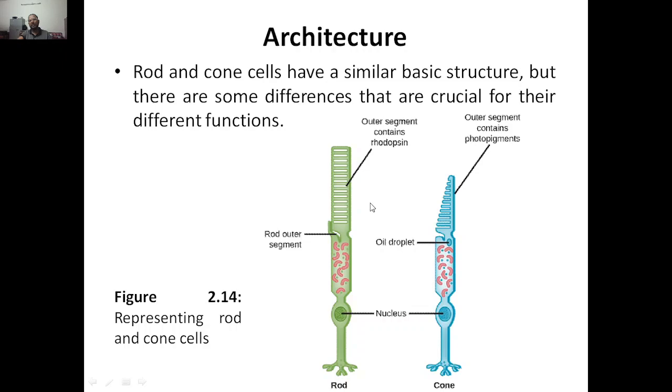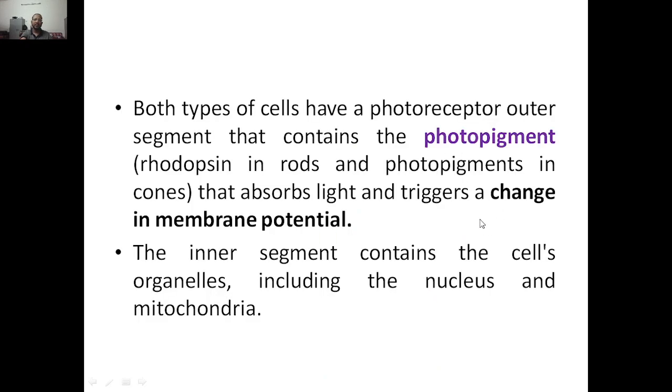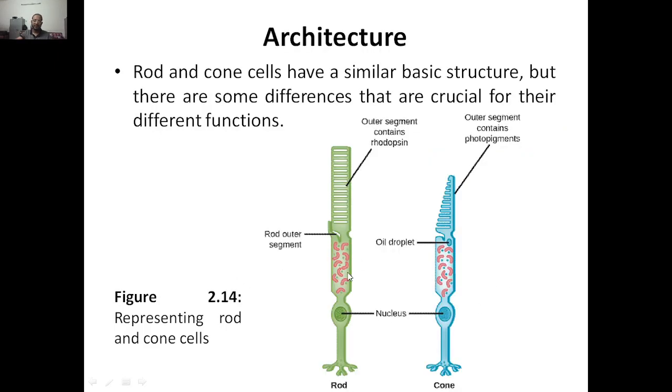Here in the rod cells we have rhodopsin, whereas in cone cells we have the photopigments. Both are responsible for receiving the light and activating the cell membrane potential. Change in membrane potential is nothing but generating the signals. Now the inner segment contains the cell organelles including the nucleus and mitochondria, that we are seeing here.